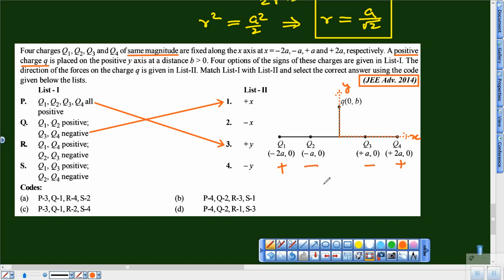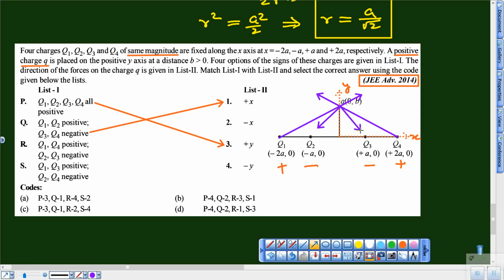These two are negative. So because of these two would be the repulsive force. This would be repulsive, this would be repulsive, like charges repel, unlike charges attract, and because of these two would be attractive force. Because of these two would be attractive force.